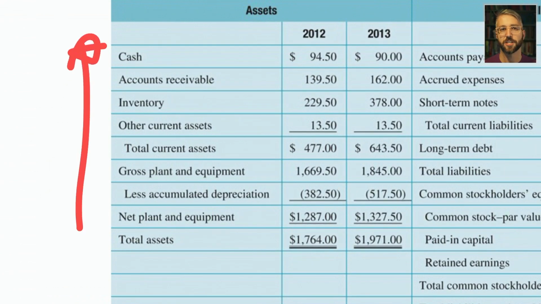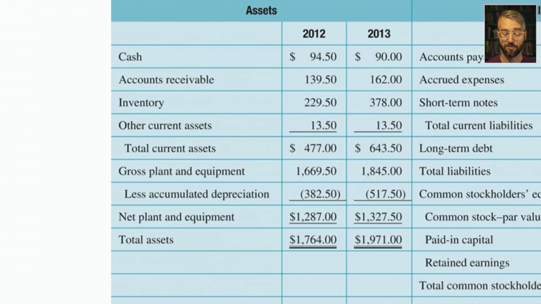So things that are at the top are assets that can be used for almost any purpose at a known value and can be spent in a sense or liquidated very, very quickly. So cash means cash. You can basically buy anything you want, today or tomorrow, with the cash that you have on hand. Boswell ends the year with $90 million of cash, or end 2013 with $90 million of cash.